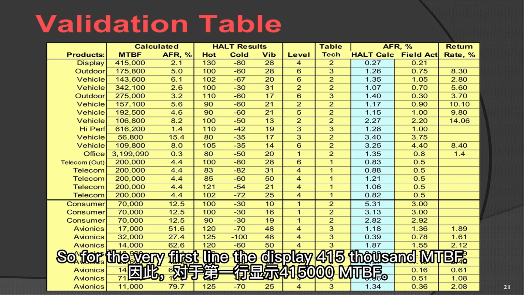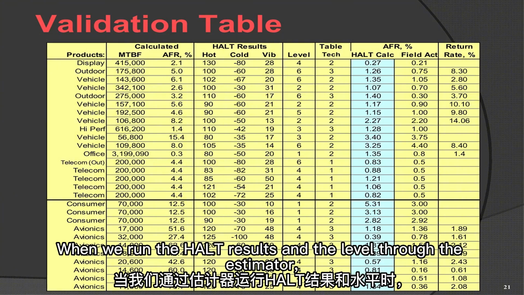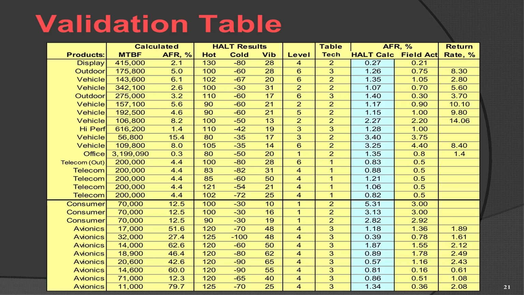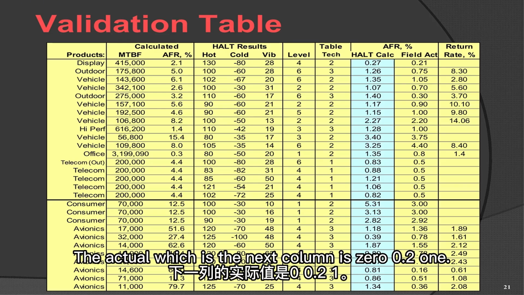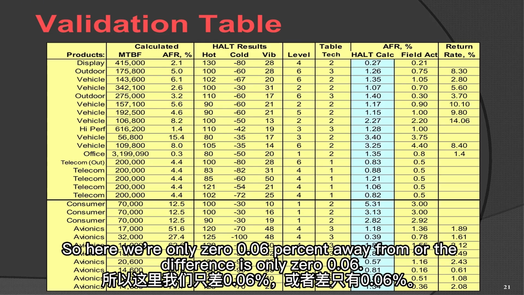So for the very first line, the display of 415,000 MTBF, when we run the HALT results and the level through the estimator, it says that the field failure rate is 0.27. The actual, which is the next column, is 0.21. So here we're only 0.06% away, or the difference is only 0.06.